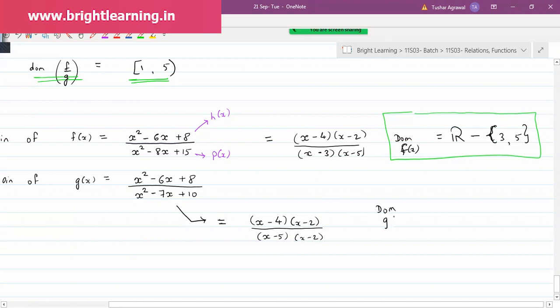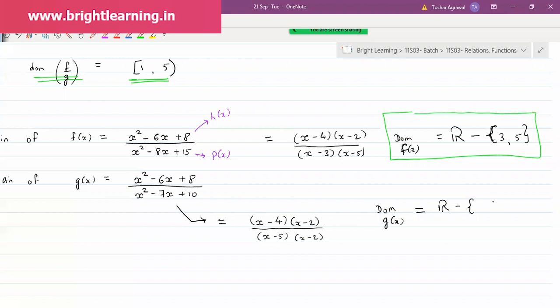Domain of g of x. Should I remove from my real numbers both the points 2 and 5, or should I remove only 5? The x minus 2 is getting cancelled out. Then we have to write only 5, sir. What about others? Makran, what do you think?